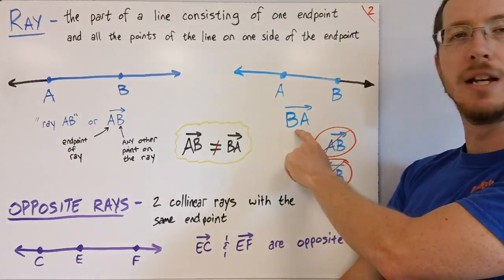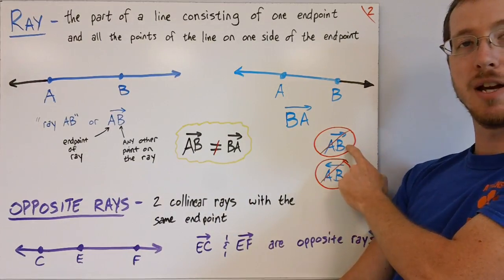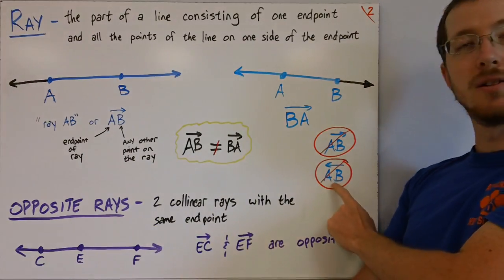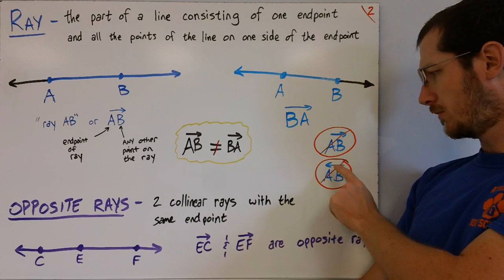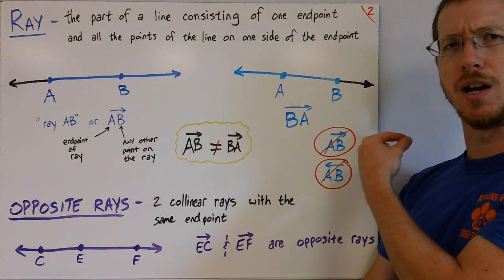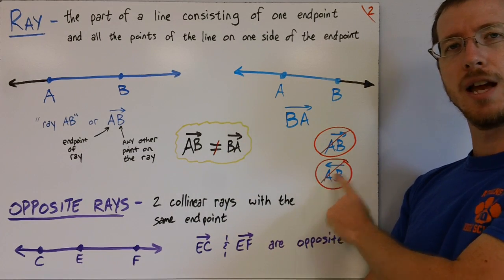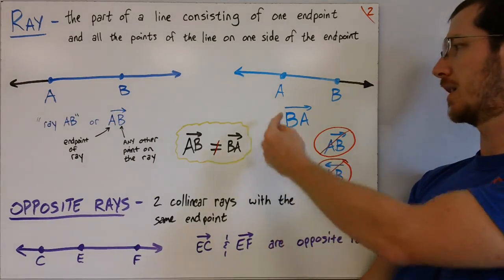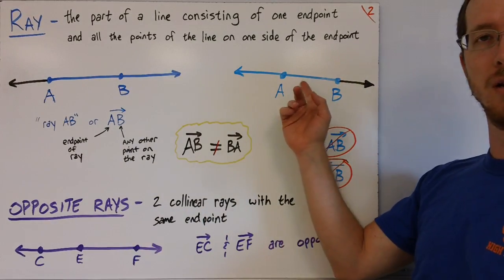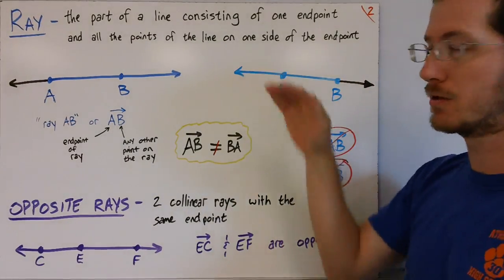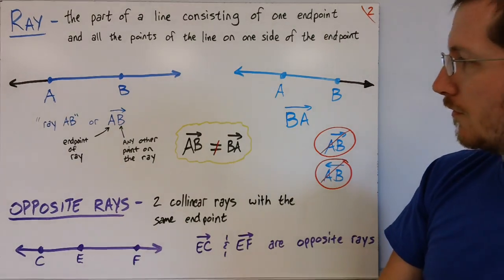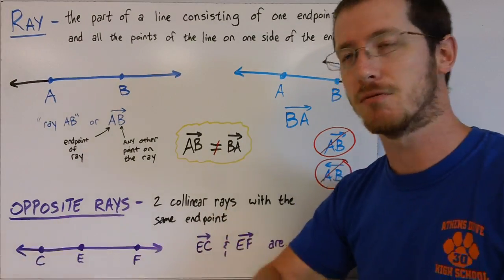And also when we use our symbolic notation, our arrow has to be going to the right. So we couldn't name this AB and then put the arrow to the left. It's got to be going to the right, even if on our diagram in the picture the ray is going to the left.